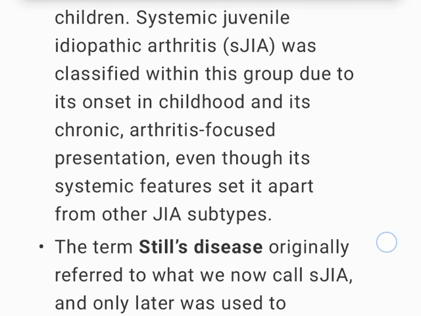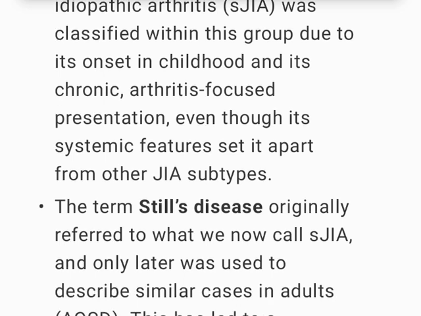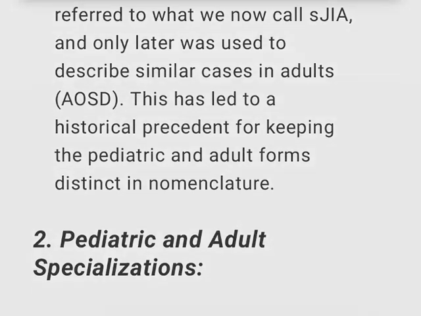SJIA was classified within this group due to its onset in childhood and its chronic, arthritis-focused presentation, even though its systemic features set it apart from other JIA subtypes. The term Still's disease originally referred to what we now call SJIA, and only later was used to describe similar cases in adults, AOSD. This has led to a historical precedent for keeping the pediatric and adult forms distinct in nomenclature.